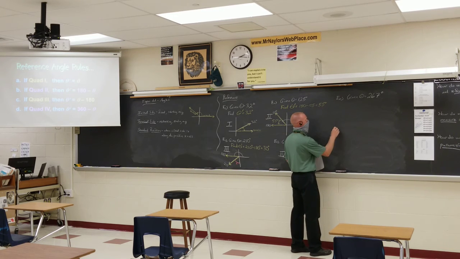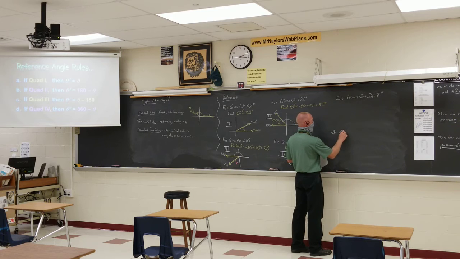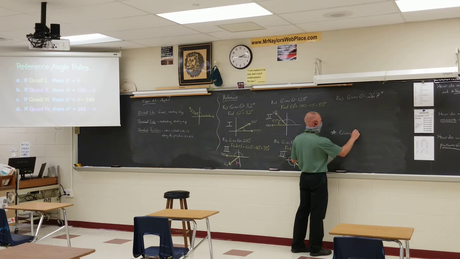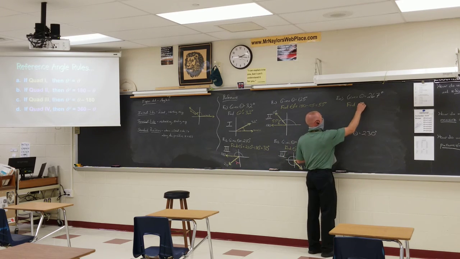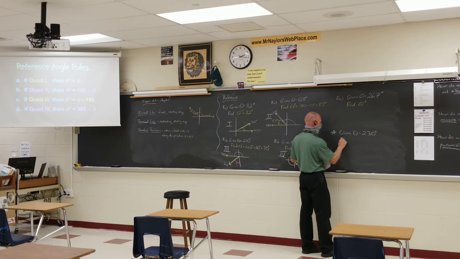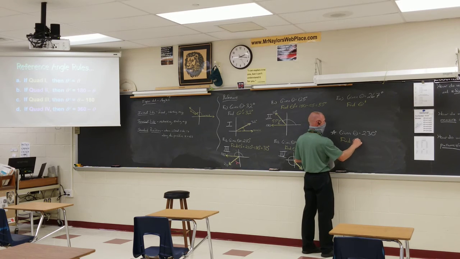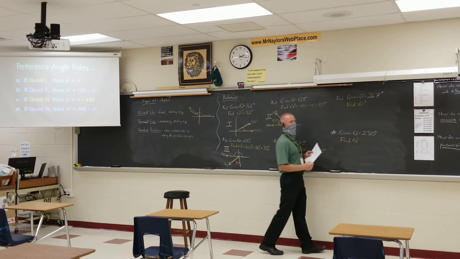I don't want that to be in yellow, but I do want to put a star beside it. Go ahead, see if you can find theta prime. See if you can find the reference angle.